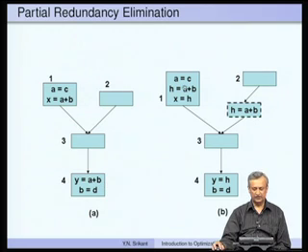Now this particular A plus B becomes fully redundant with the introduction of this. So, we have A equal to C, h equal to A plus B, where h is the temporary variable in GCSE, and x equal to h, and this becomes y equal to h.